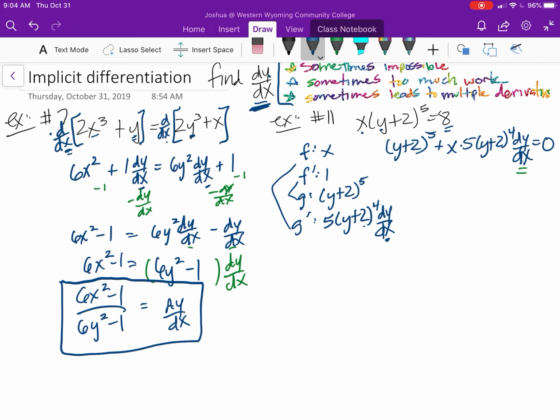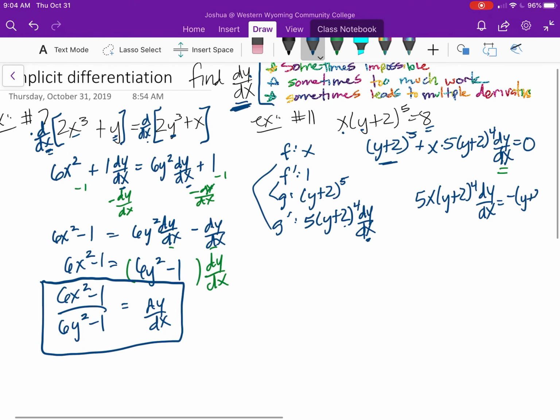Alright, solve for dy dx, so I'm going to subtract this guy on the other side. So we have 5x y plus 2 to the 4th dy dx equals a negative y plus 2 to the 5th. Divide that other stuff out, right? Get dy dx by itself.